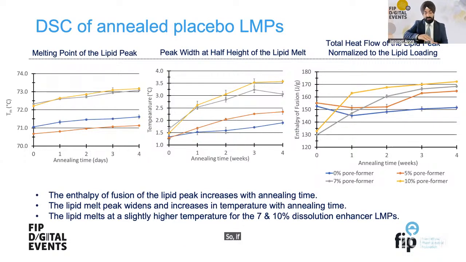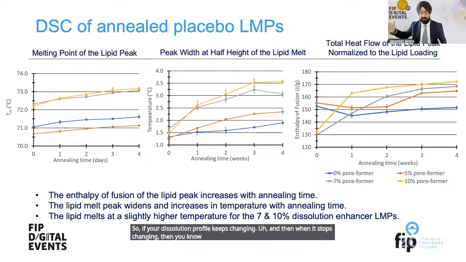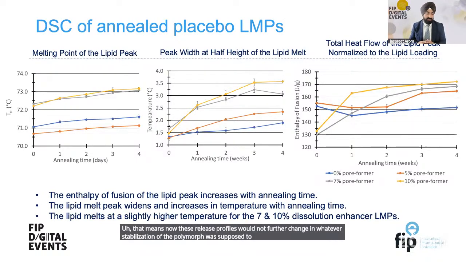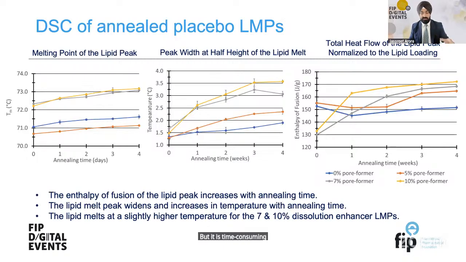If your dissolution profile keeps changing, and then when it stops changing, then yes, annealing is complete. That means these release profiles would not further change, and whatever stabilization of the polymorph was supposed to happen has already occurred. But it is time consuming to keep running this dissolution on so many experiments.